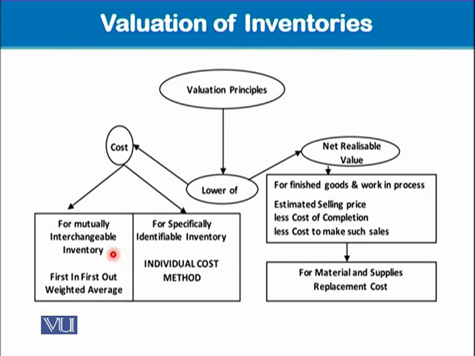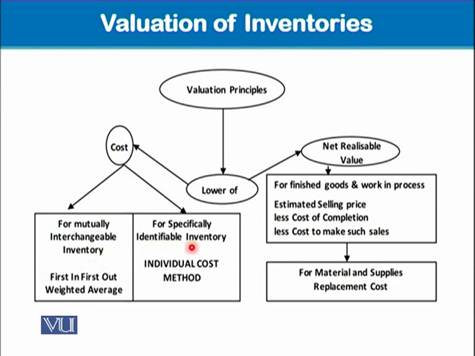So that is mutually interchangeable inventory. When the inventory is mutually interchangeable, its cost will be worked out through the first in first out method or through the weighted average method. We will learn these two methods in the upcoming section.